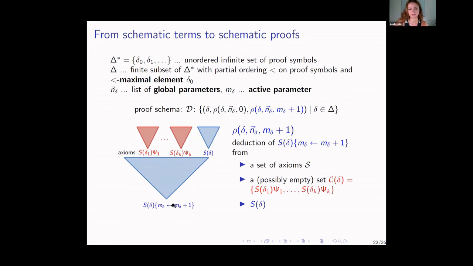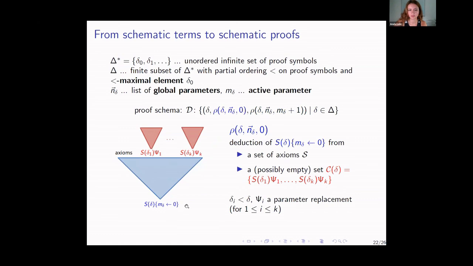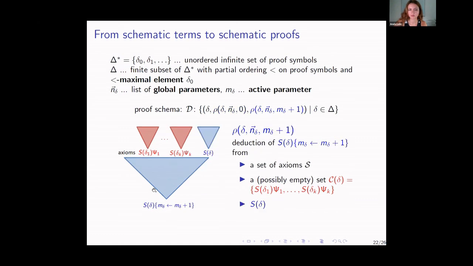So from M delta, we define M delta plus 1. And if we wanted to evaluate this now, we need to evaluate it for a parameter. So we have to say what M delta is. If it's 0, we just take this proof. And if it's not, we take this proof and plug in here the corresponding derivation.